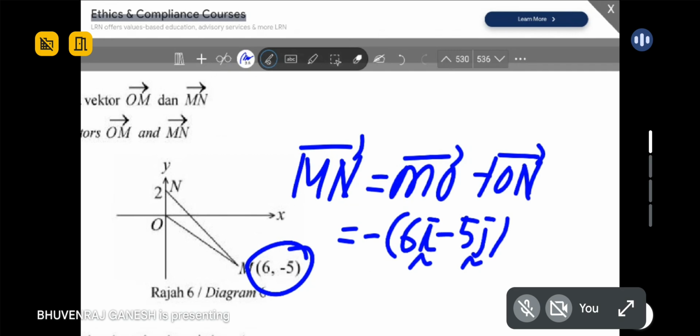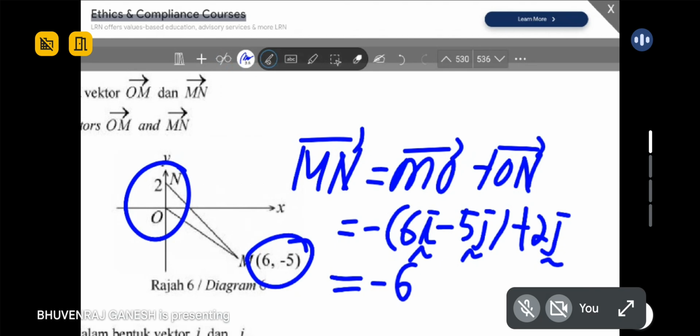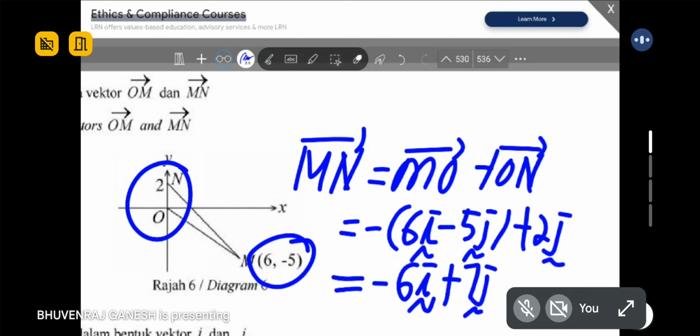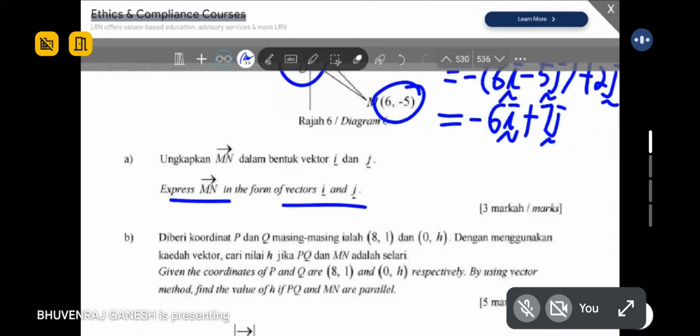So you must add negative lah. Now opposite direction, bertentangan. And then On is 2j. Am I right? Because it's vertical, so no i. So the answer is negative 6i plus 7j. Clear? Very simple, right? They just ask you to express in vector.